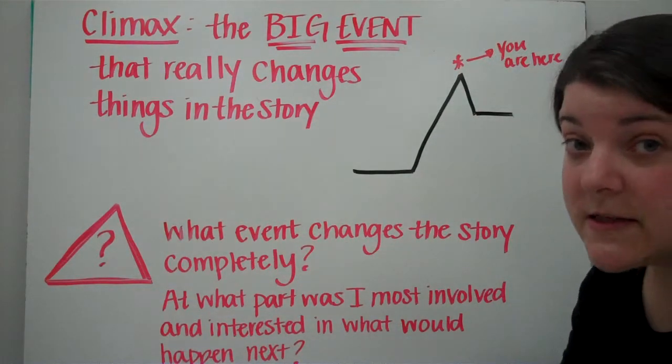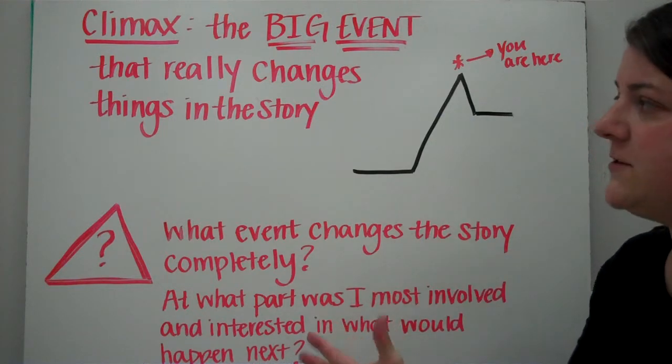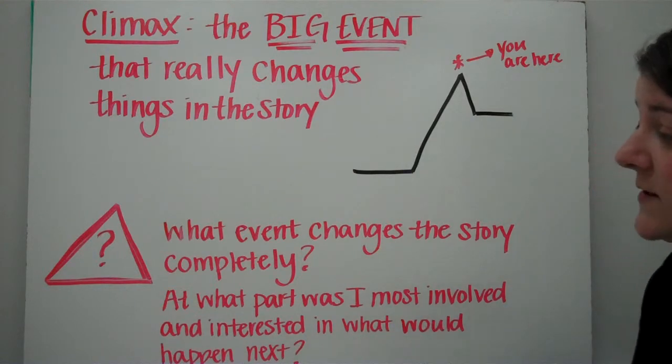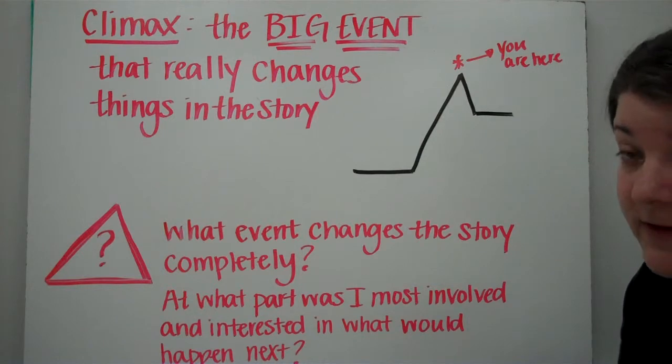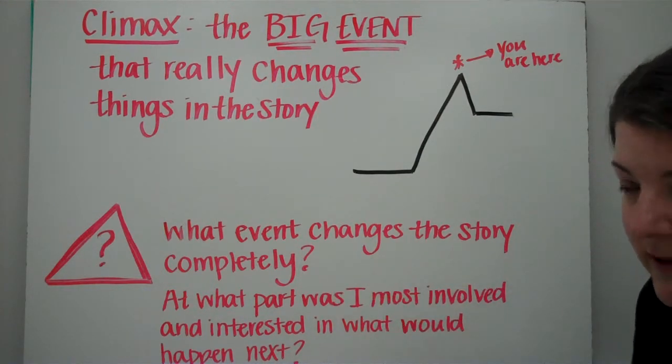The next part is the climax. The climax is that big event that really changes things in the story. It's going to change a lot of things, okay? So the questions you want to ask yourself in order to help you find the climax would be, what event changes the story completely?